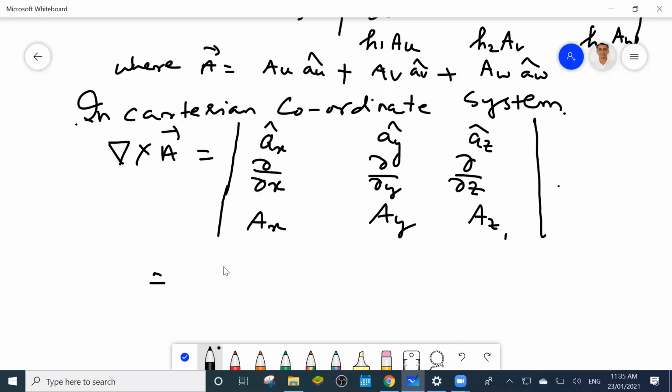I will find out. When I am writing something for a_x cap, this into this, again this into this.